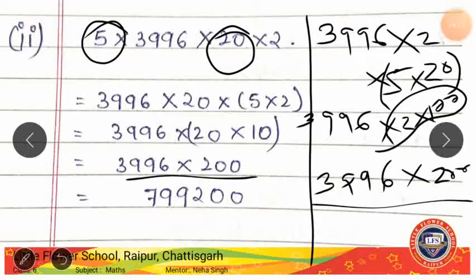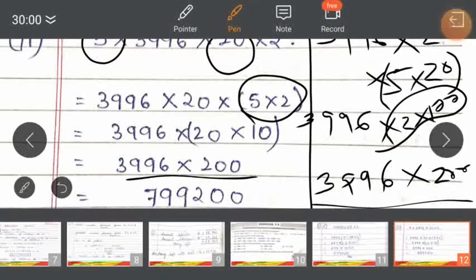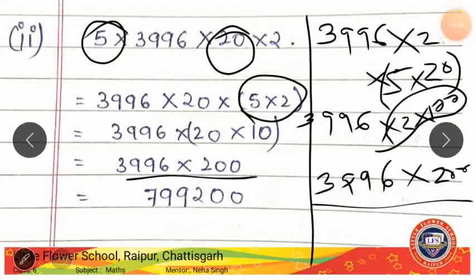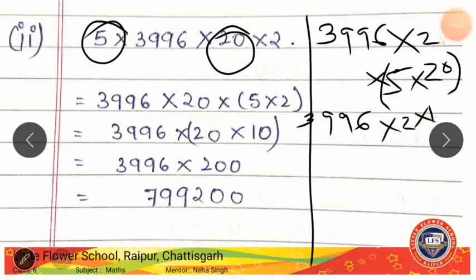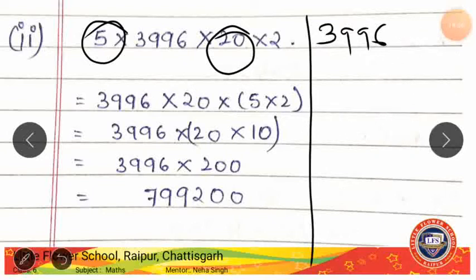Pairing, in this we have done these two numbers, here we have done these two numbers. Means arranging the numbers, you can arrange the numbers as per your convenience. The answer will be the same, but you need to arrange so that the numbers you are getting are multiples of tens or thousands, since the calculation then becomes much easier. Hope this question is clear.